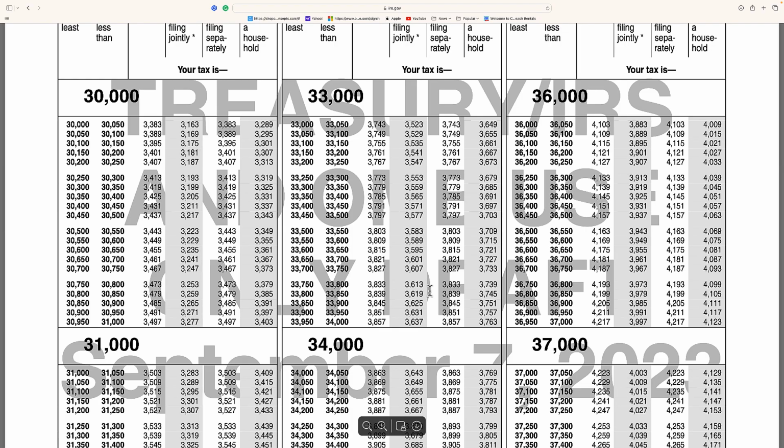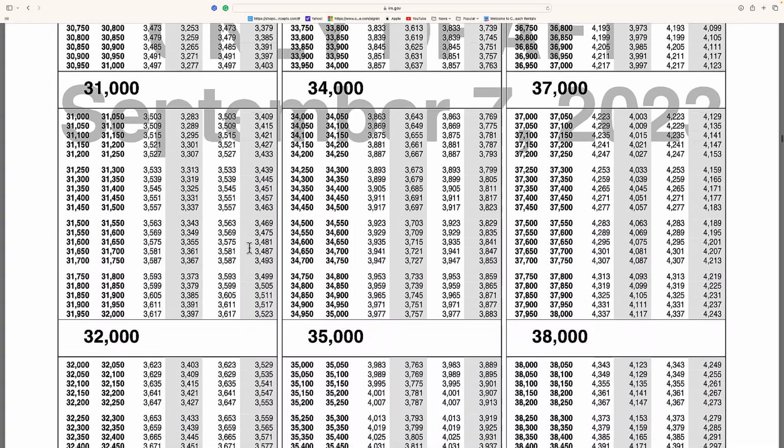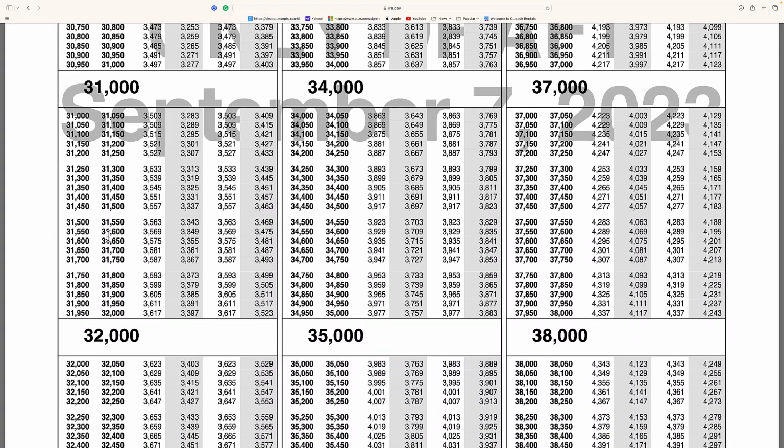Well, now we're at the IRS tax table again, and we're looking for $31,525. Go down here, $31,525 will be on this line, and right here is the married joint return.